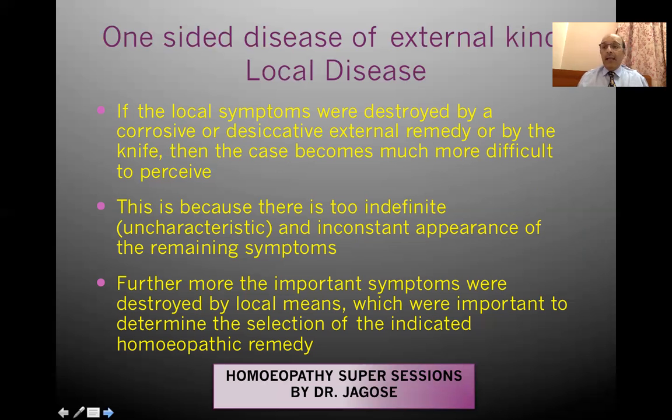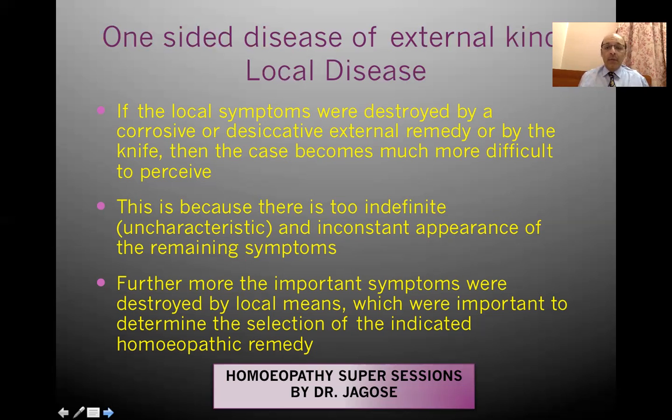So naturally, if the external lesions have been destroyed by a corrosive or by the knife, then as I've just told you previously, what is remaining are incomplete symptoms which are not characteristic in nature. And with these symptoms, again, it becomes very difficult to form the totality. Why? Because the symptoms are not peculiar, they are not characteristic, they are not distinctive, they are not individualistic.